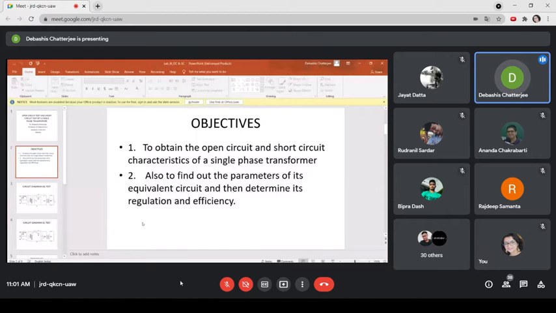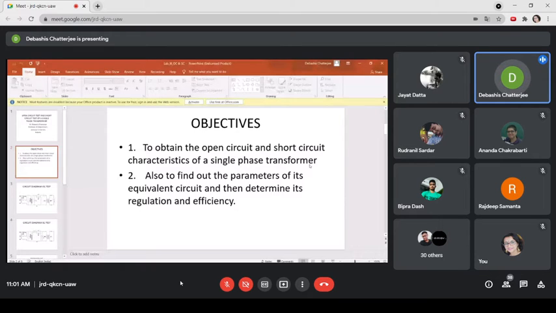Now if you see the objectives, the first objective is to obtain the open circuit and short circuit characteristics of a single phase transformer. Now what is characteristics? Open circuit characteristics, if you go back to your courses, you have got it for the generators, right?